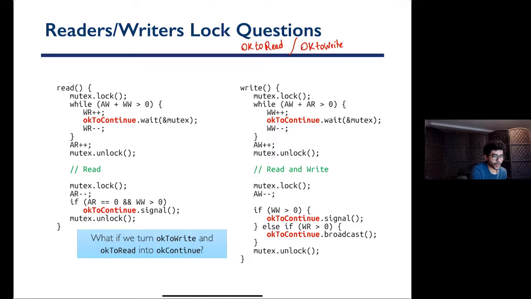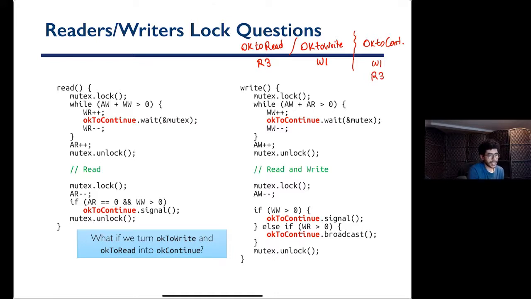In that example, W1 was waiting on OK to write, and R3 then came and waited on OK to read. Now, if I don't have two separate condition variables and I only have OK to continue, then both W1 and R3 are going to wait on this.